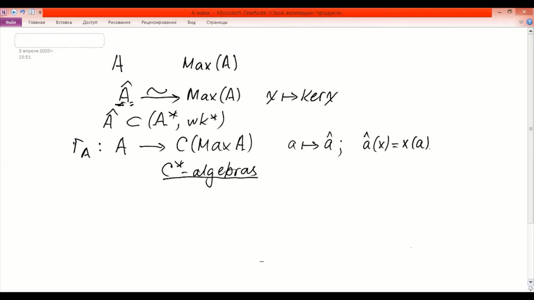So our main goal for today will be to prove the Gelfand-Naimark theorem, which states that if A is a commutative unital C-star algebra, then the Gelfand transform of A is an isometric isomorphism between A and the algebra of continuous functions on the maximal spectrum.